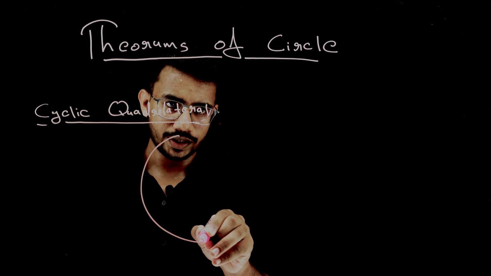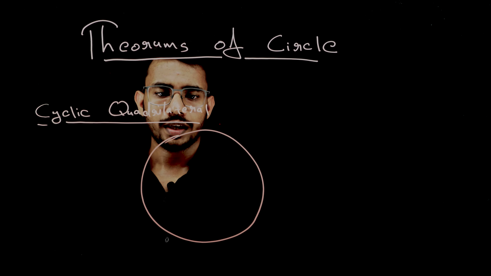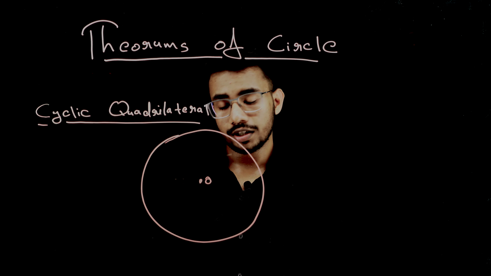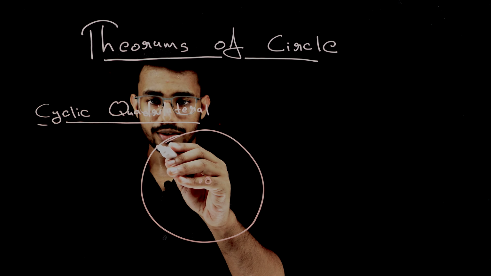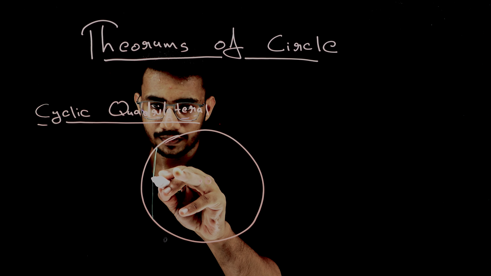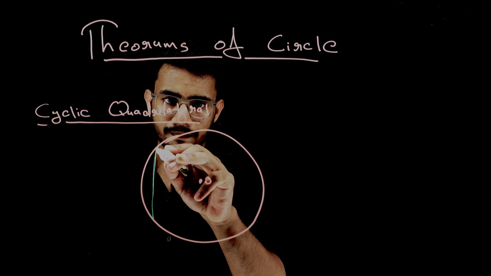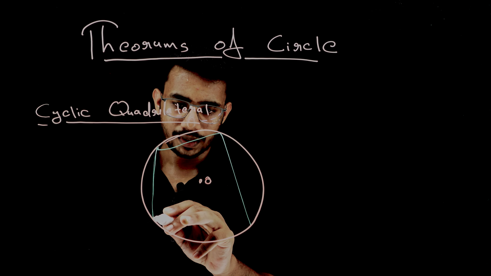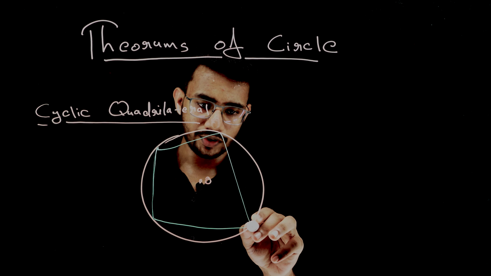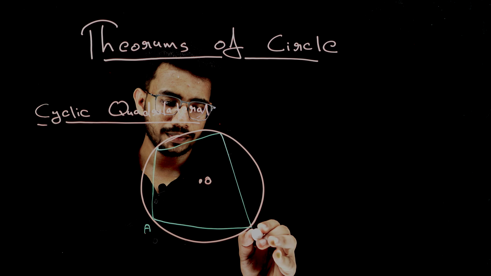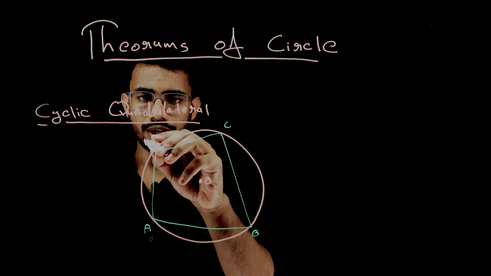Let's say this is my circle, and I'm having the center at O, and a quadrilateral inside it. So I'm having a quadrilateral like this, and I'm naming it as A, B, C, D.